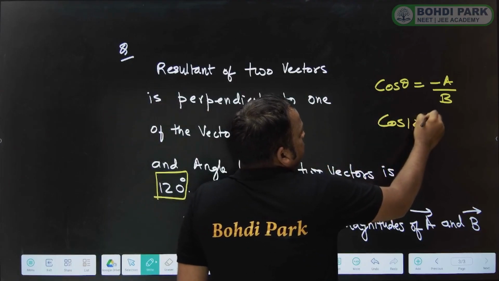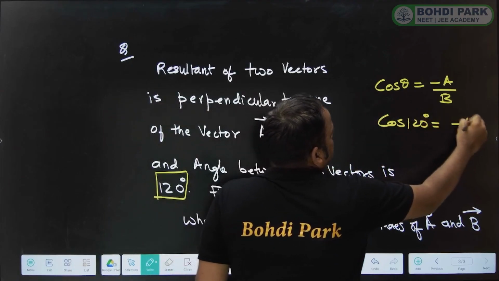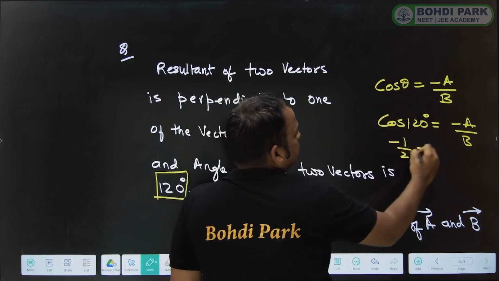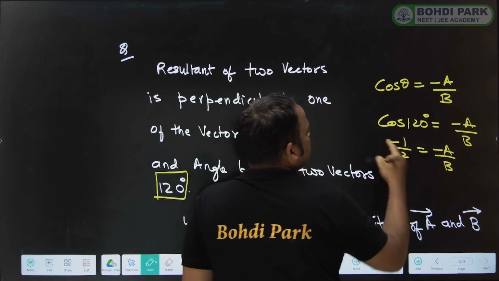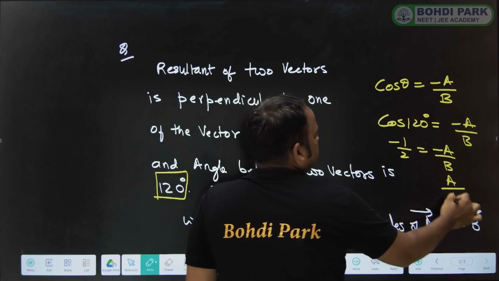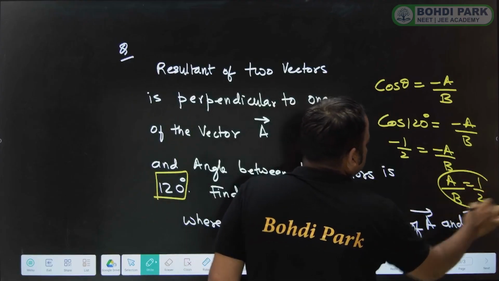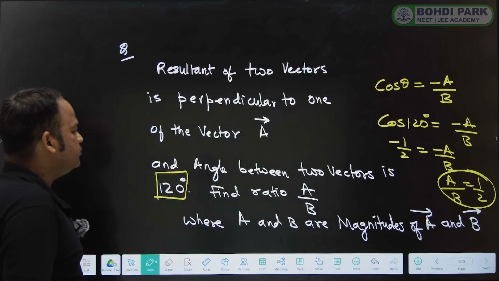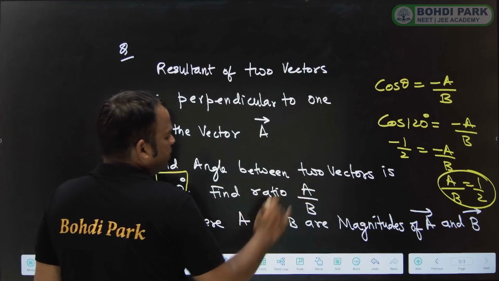So cos 120 is equal to minus a by b, and we know that cos 120 is minus 1 by 2. So minus minus cancel, we'll get a by b is equal to 1 by 2. This is our answer. Find ratio a by b.